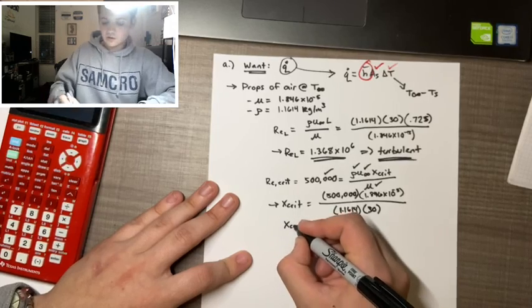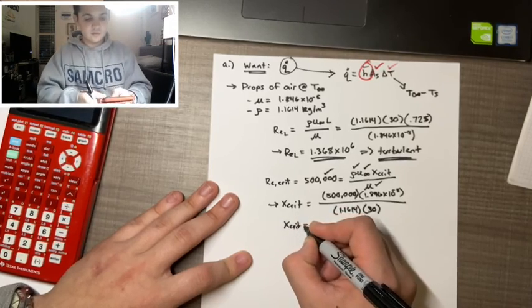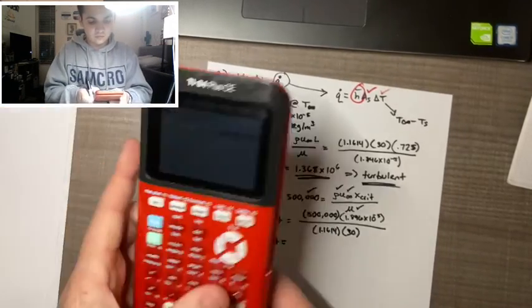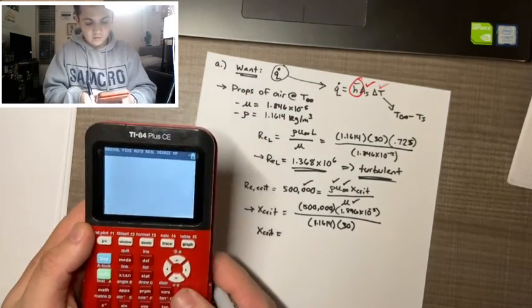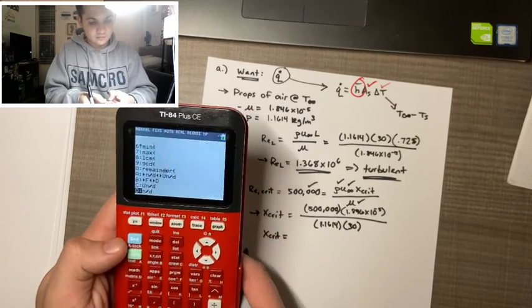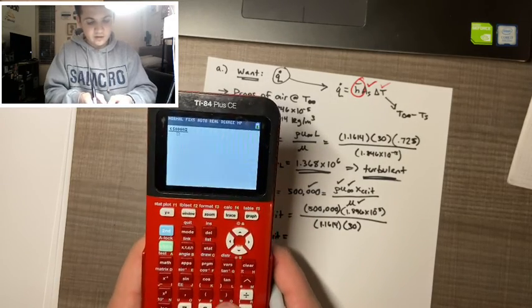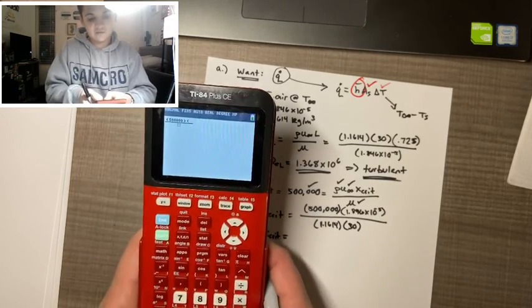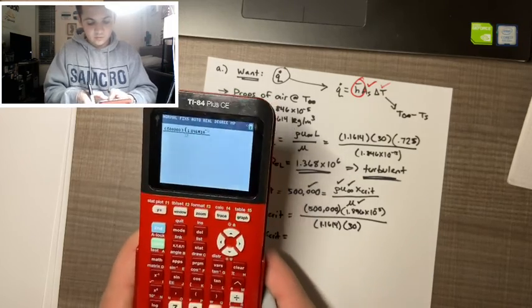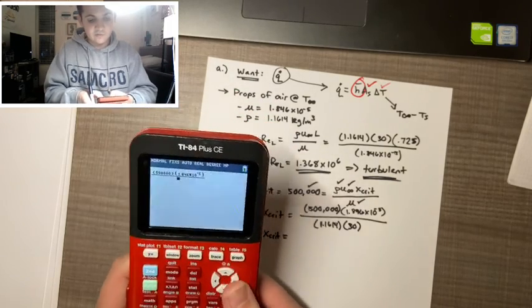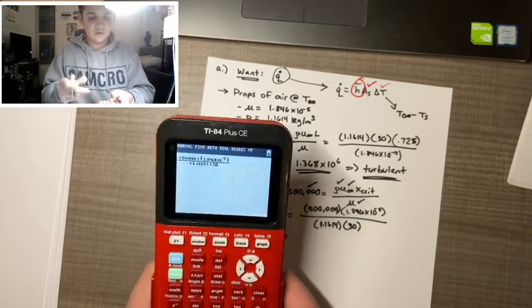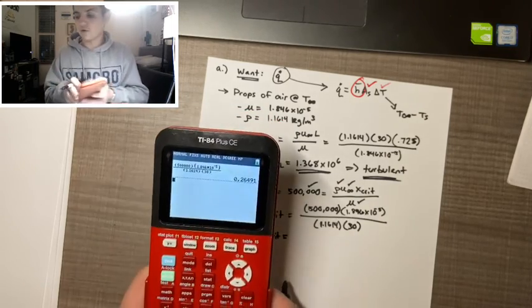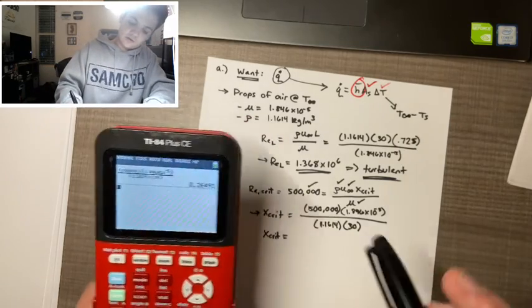And so that gives us an x critical value of, let's calculate, 500,000 times 1.846 times 10 to the negative 5 over 1.1614 times 30, so 0.2649.